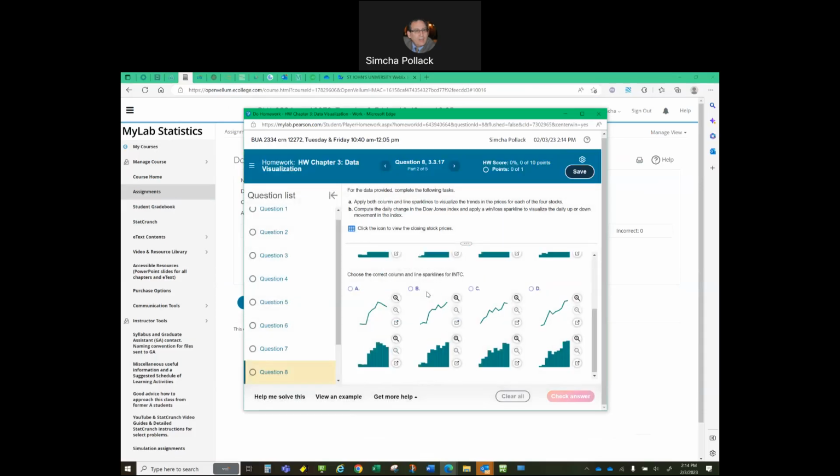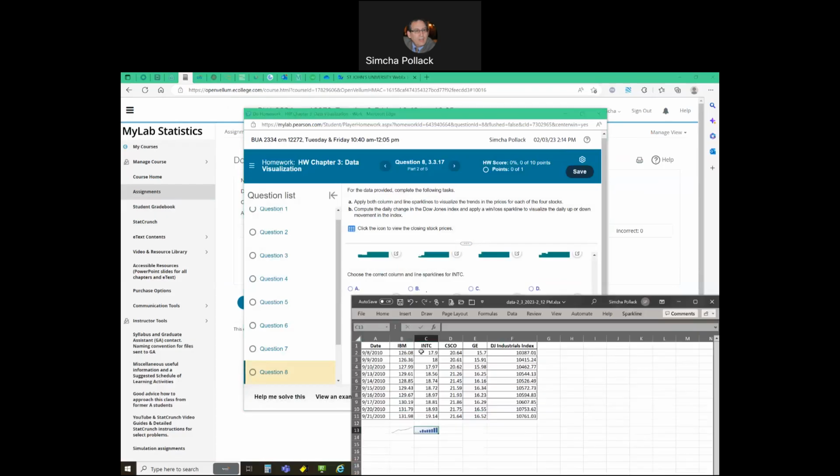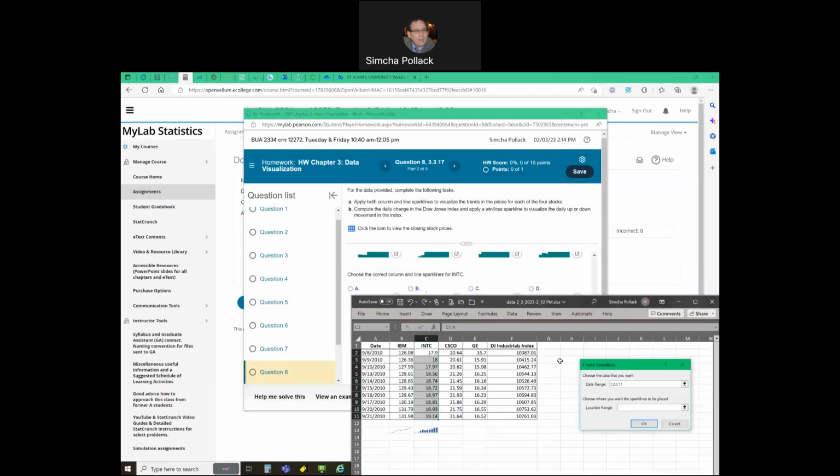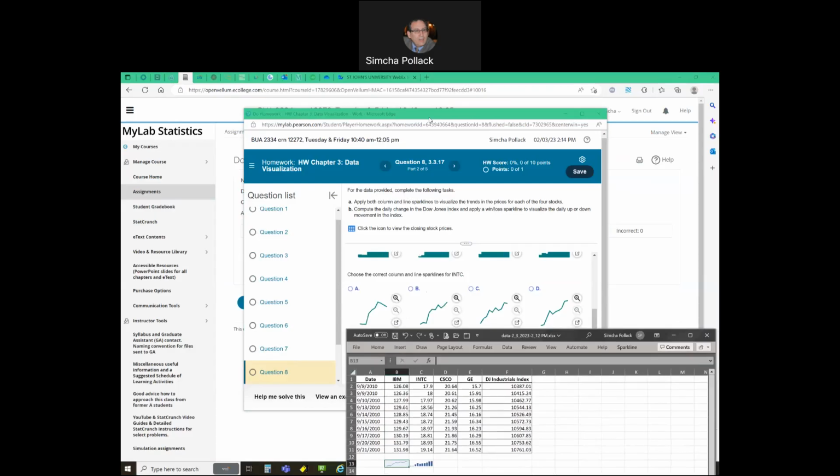Then they want you to do the same thing for the other stock, INTC. Well, at this point it's kind of rote. We go insert, sparklines. Start out with a line. You know the data. Overwrite the old one because we're not coming back to that anymore. Okay, and we have this picture. Let's see which picture that is. It goes up.